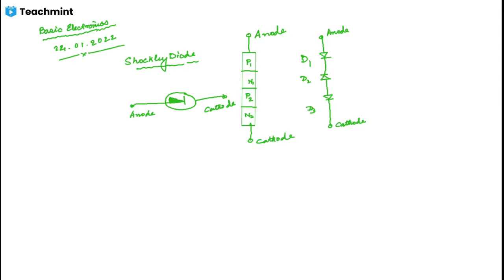So for the case of forward bias, if I give positive voltage here, D1 and D3 will be forward biased, but D2 will remain in reverse bias.